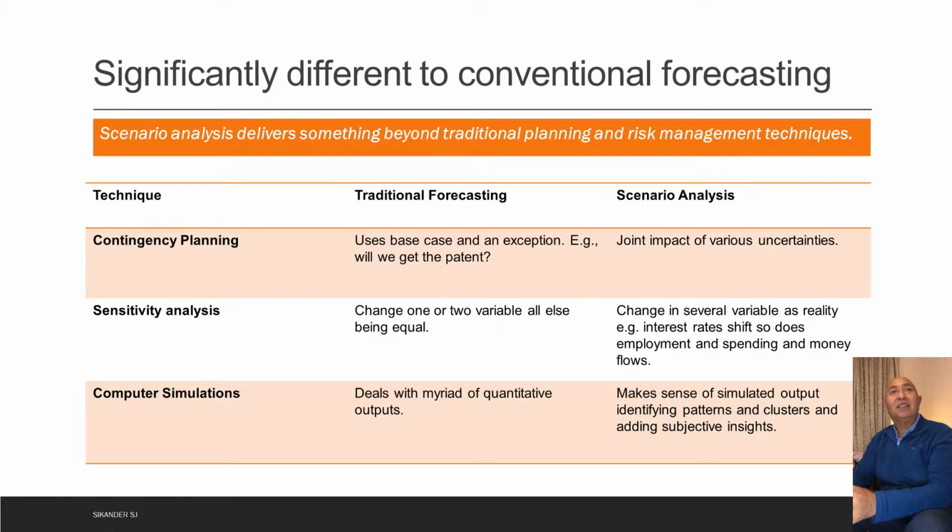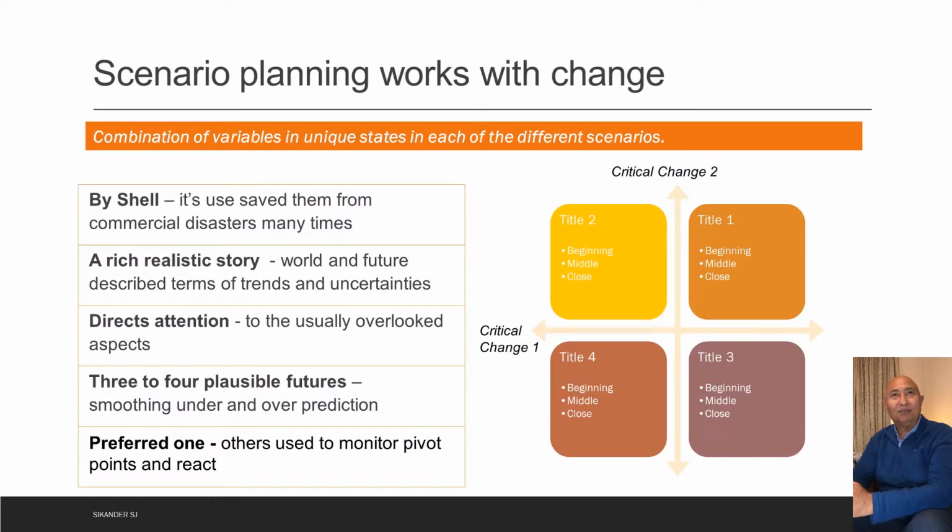Now, given that we live in a very changeable world, and it's not going to slow down anytime soon, the only mechanism that is usable in that kind of context is scenario planning, which actually deals with both external and internal trends.